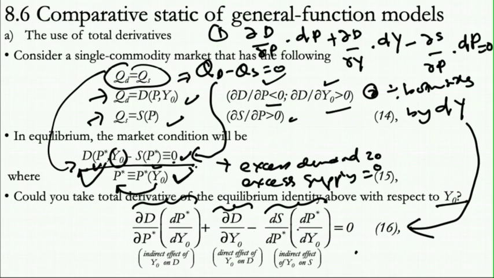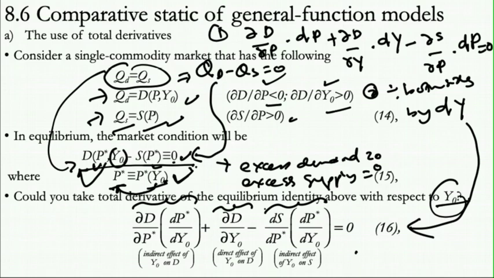Now, we move to the supply side here after the minus sign. Because we are totally differentiating the function with respect to Y, as you can see, quantity supplied depends on the price of supply, but we know that the price in the market depends on income.